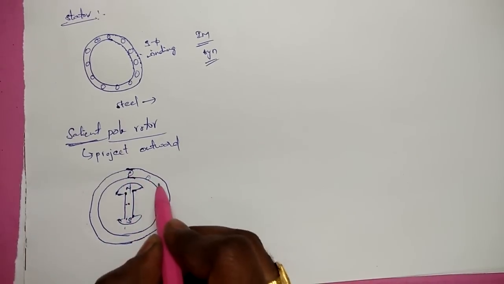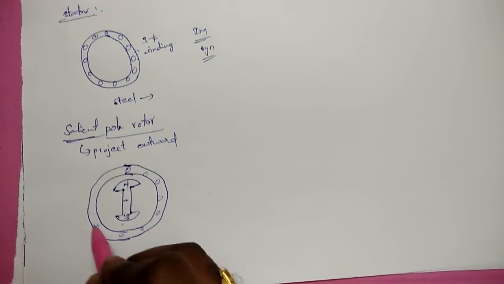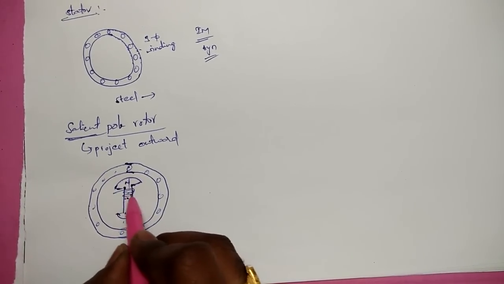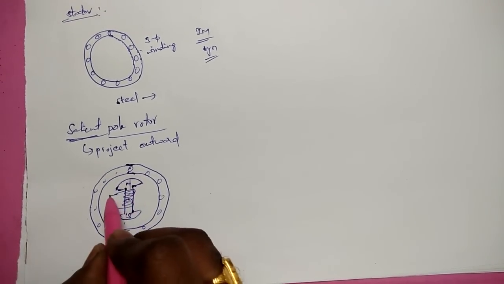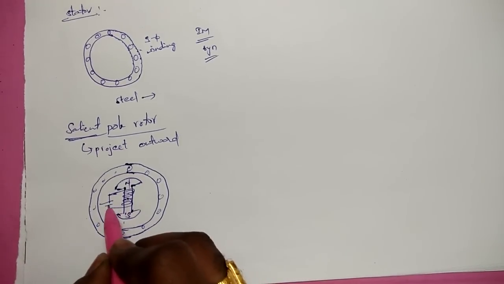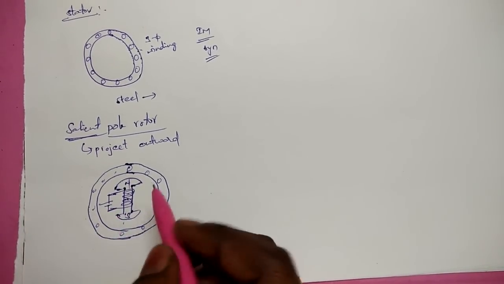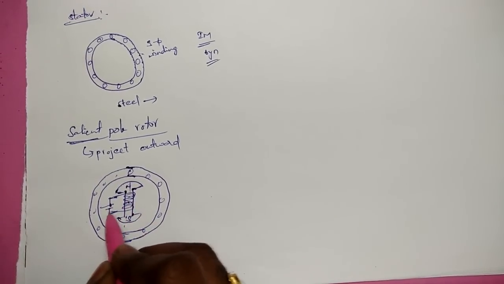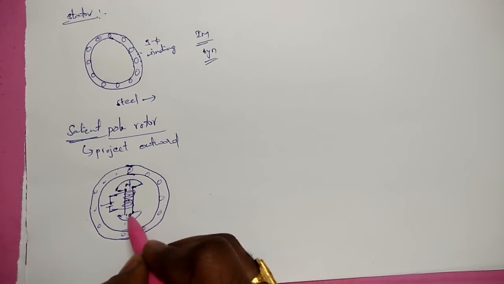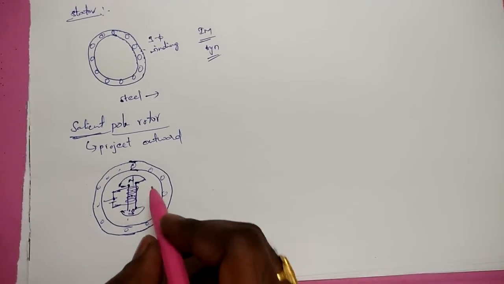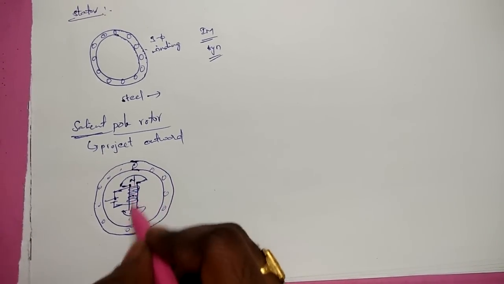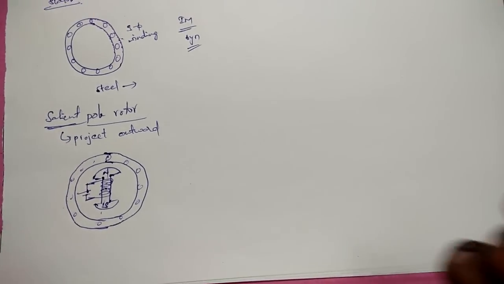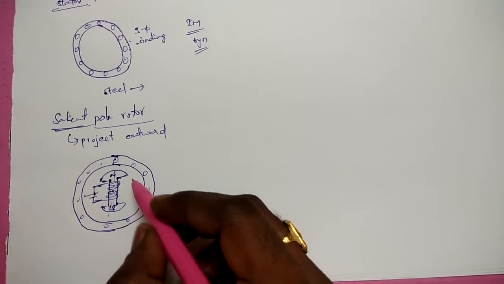This is the stator, and there are slots here, and there is a field winding on the rotor. For this field winding we give a DC supply, so that when you pass current through it, N and S poles are created. This is a two-pole alternator.